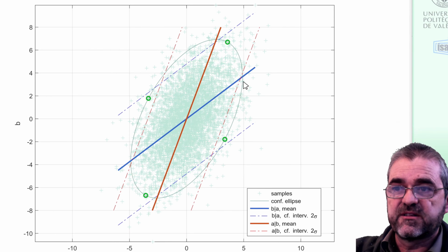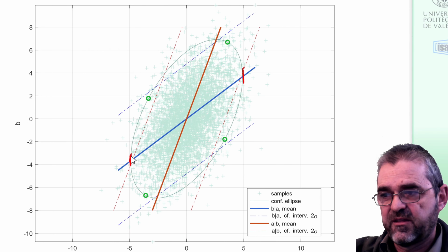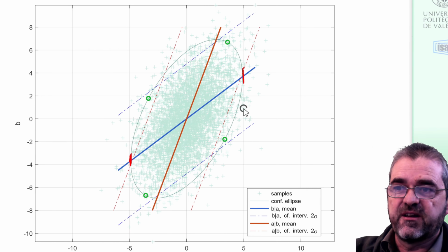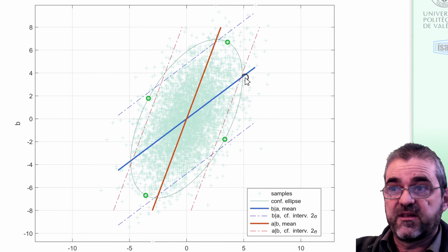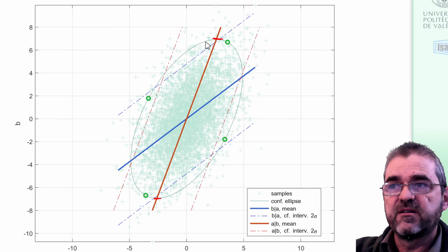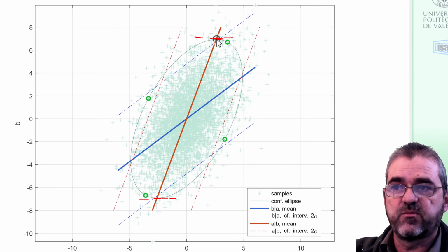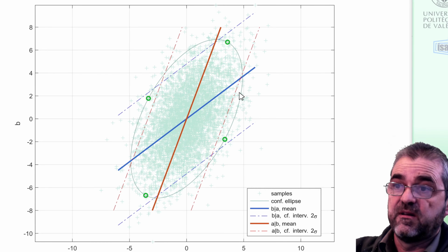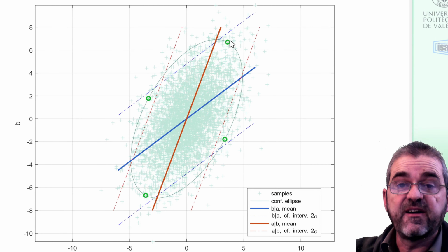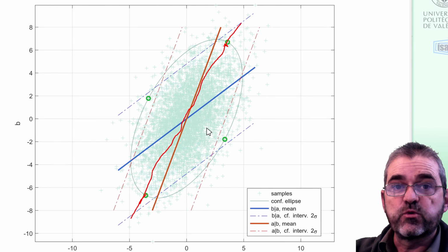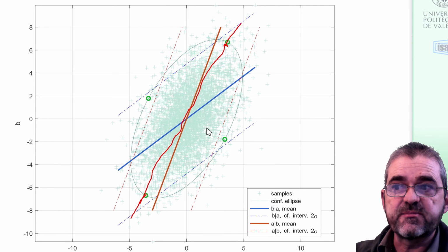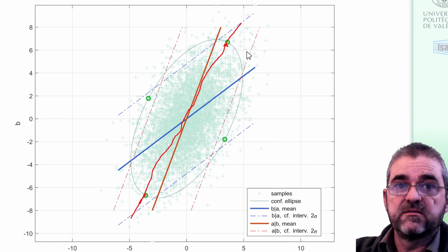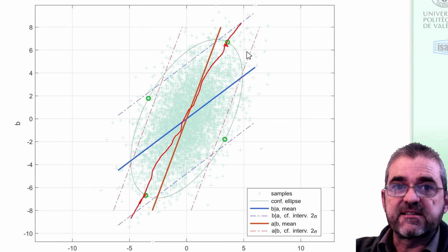The blue model estimation of B is the line that joins the vertical tangent points of the ellipse. The estimation of A given B is the line that joins the horizontal tangent points of the ellipse, and they are not coincident. And in fact, we may think that perhaps the true model would be the widest axis of the ellipse. Well, that will be true under some extra assumptions.